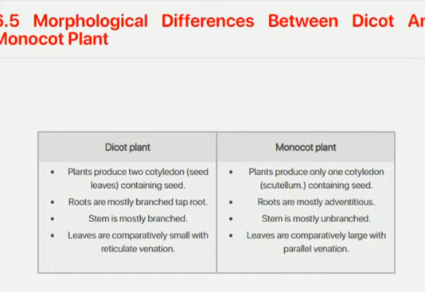I told you earlier also, a good example of this is peanut, pea. So dicot means having two cotyledons. These dicot plants have roots that are mostly branched tap roots. All of you know the roots of the plant develop from the radicle of the seed.